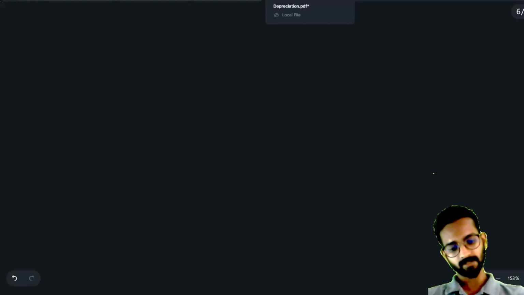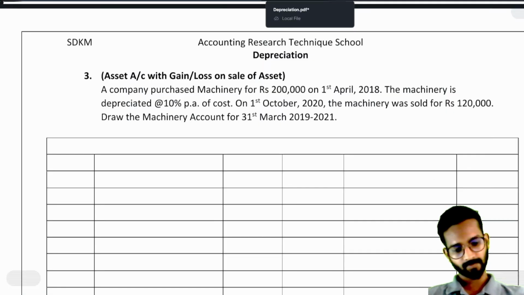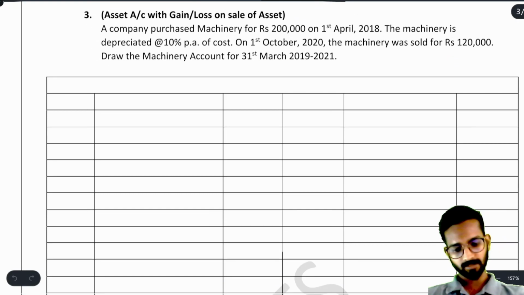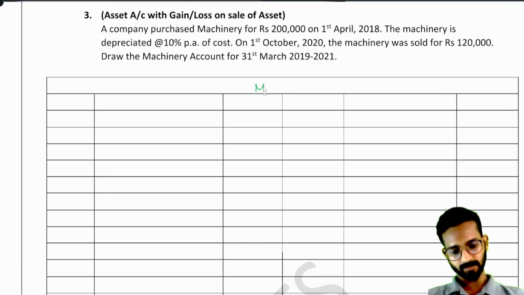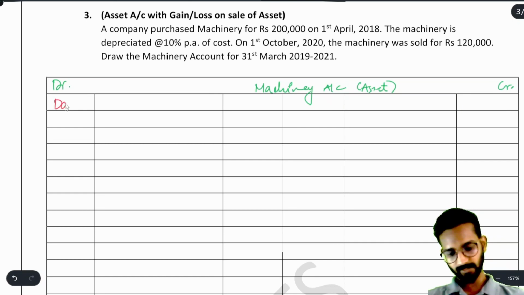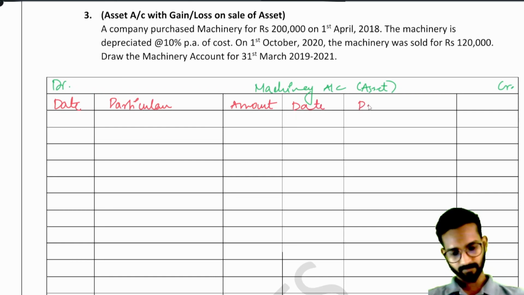Now we'll solve a question here. Check. A company purchased machinery of 2 lakh rupees. So I will be writing here the asset name is machinery account. Machinery account, it is your asset. Debit side, credit side, then date, particulars, amount, date, particulars and amount.